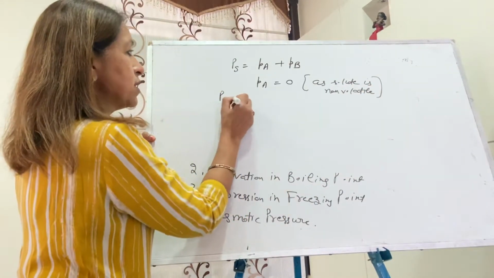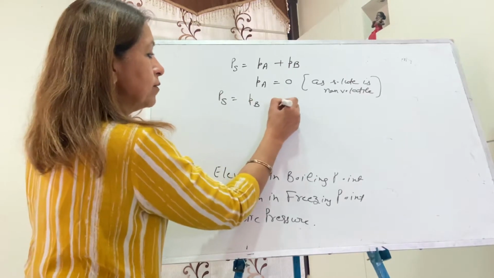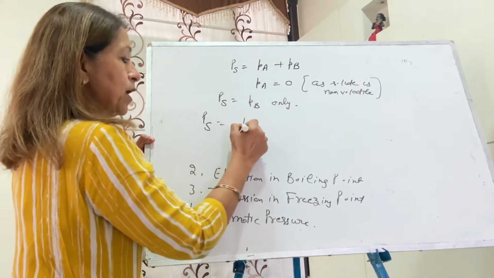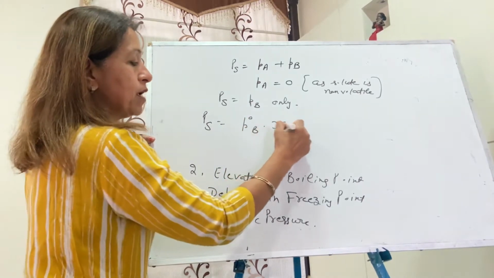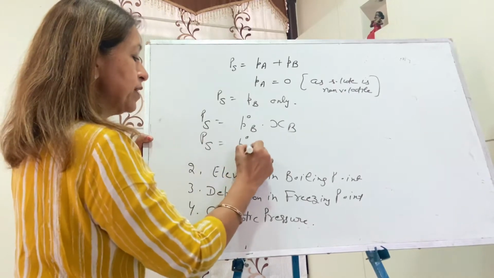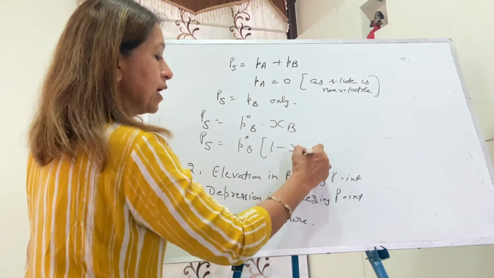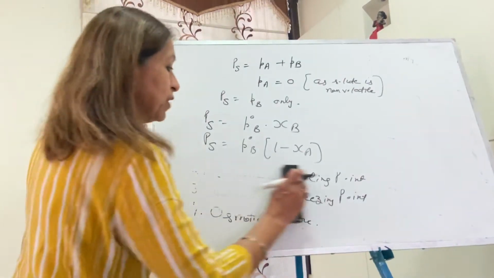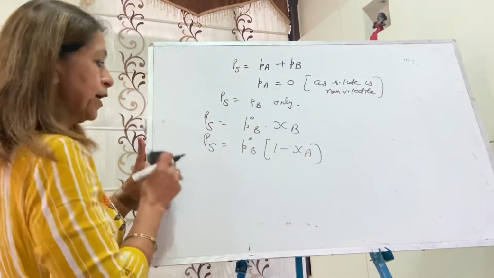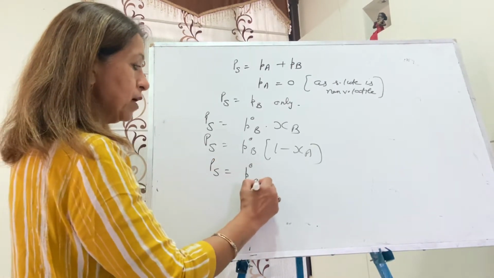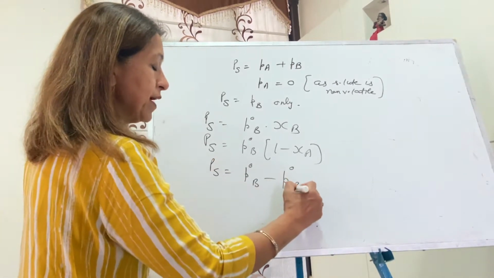So PS is equal to PB only. Put Raoult's law. PB is P naught B XB. Simplify it. You know XB is equal to 1 minus XA. And after that you open the bracket, simplify it. It becomes PS is equal to P naught B minus P naught B XA.